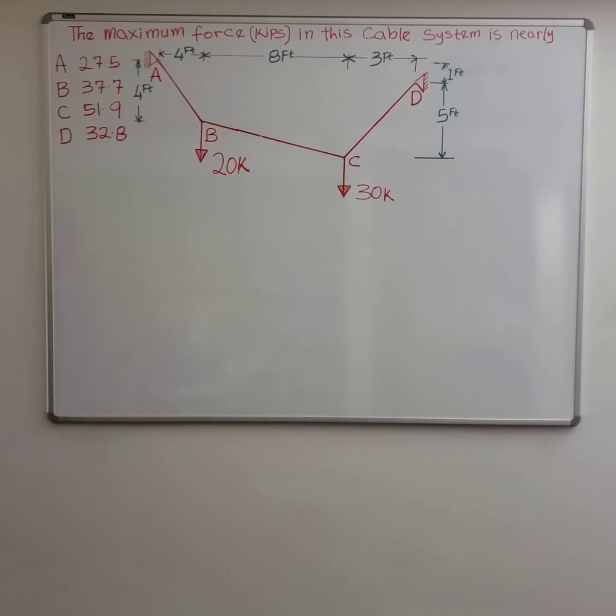that would be of no use really, because the forces in these cables are tension forces, and so they are pulling, and so your area of interest is where the loads are at the joints, and so that's why we are going to use the method of joints at point B and point C. So let's start.